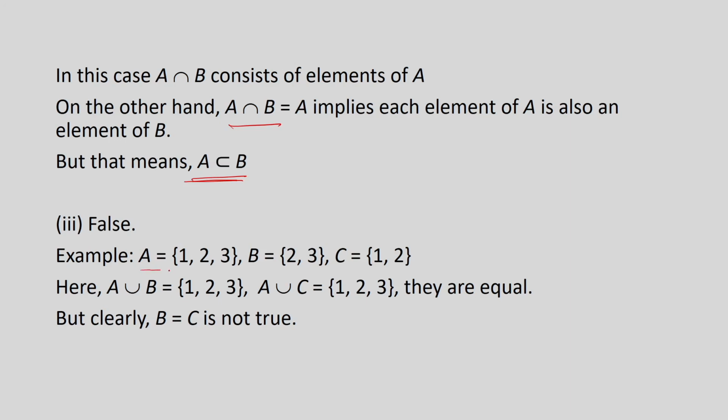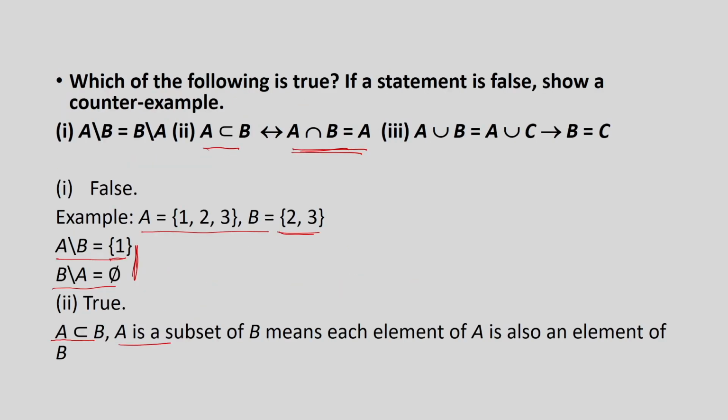So, we have taken A to be this set 1, 2, 3, B to be 2, 3 and C to be 1 and 2.